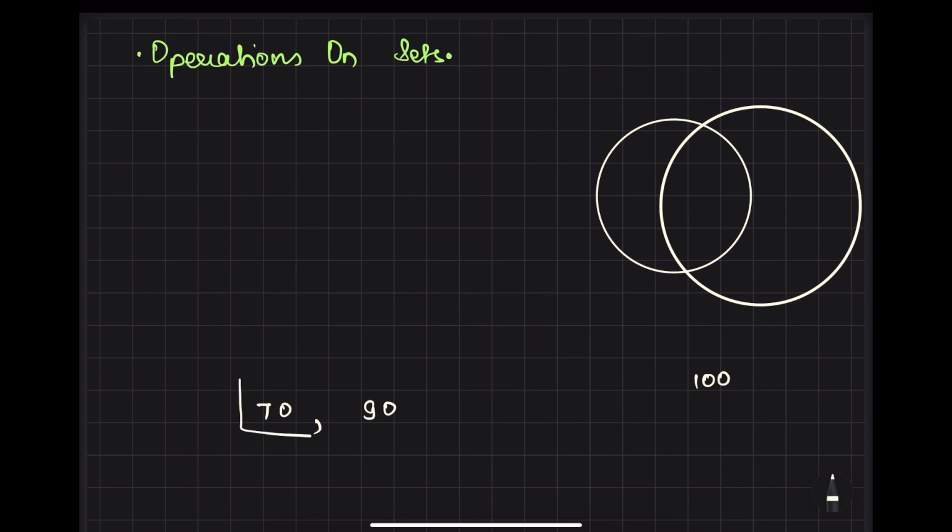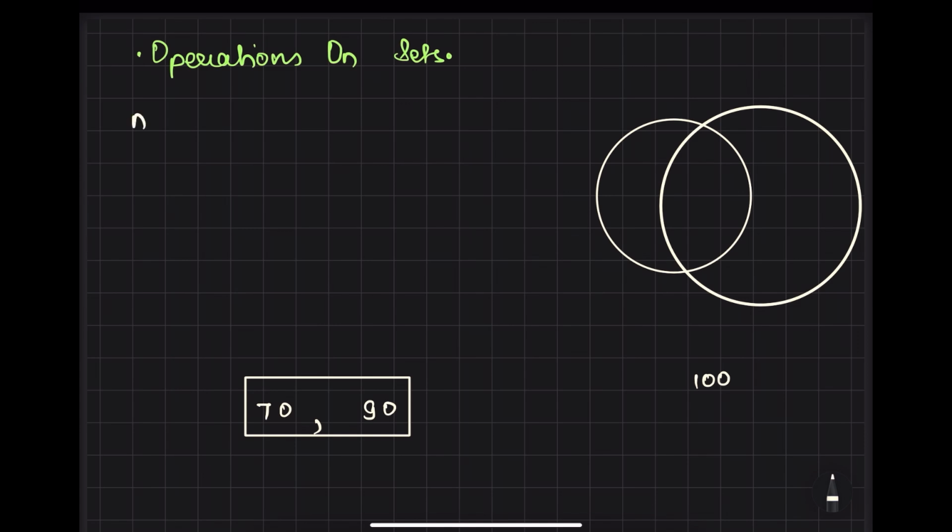Do you think that with this information we can find out the number of persons in the classroom? No, it is not possible. If we add, we get 160, which is not the number of students. If we subtract, we get 20, which is again not the number of students. So what we have to do, just try to connect with this explanation.